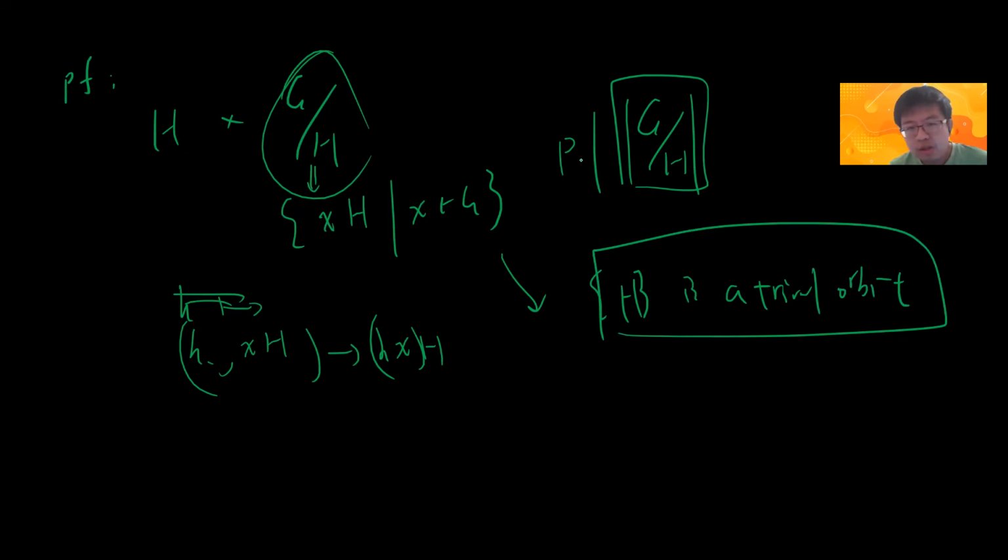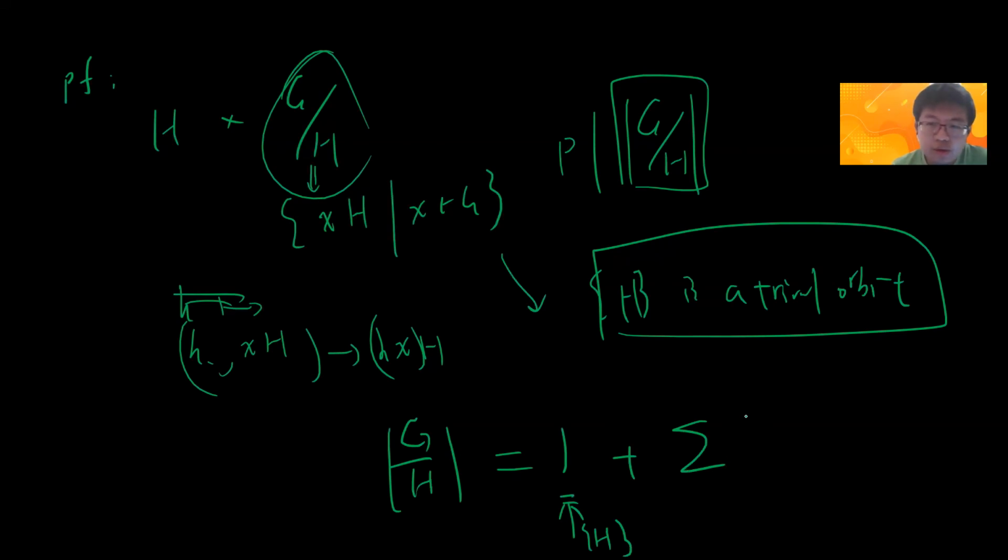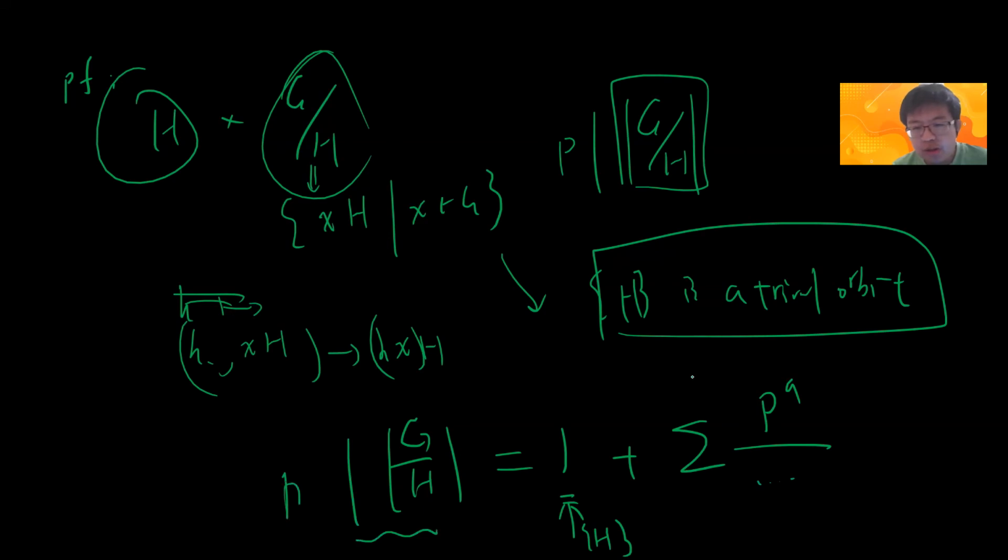But if you use the class equation, you get this one, which comes from H, plus other terms. The other terms will be prime powers, because H still contains some prime power. This is divisible by P, and this other term is divisible by P. If there is no other trivial orbit, then you are left with one, a contradiction. So the only case is that there exists another trivial orbit.